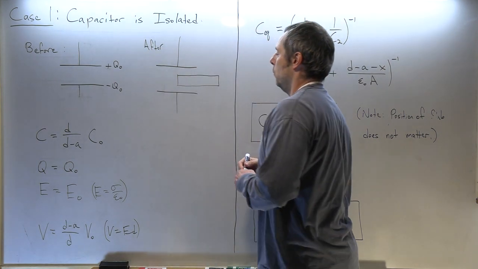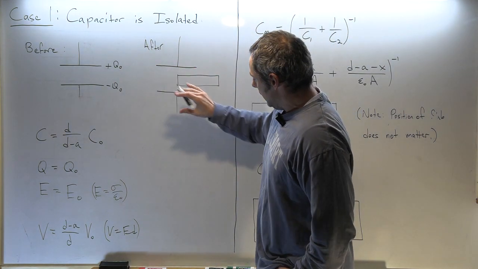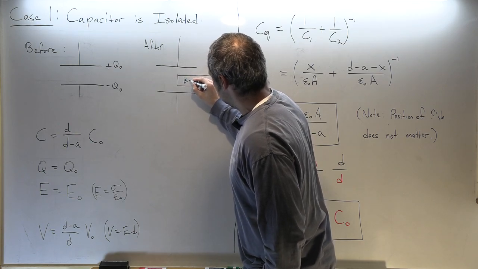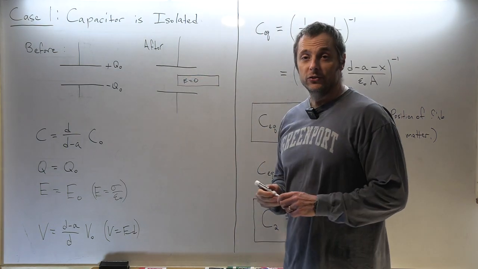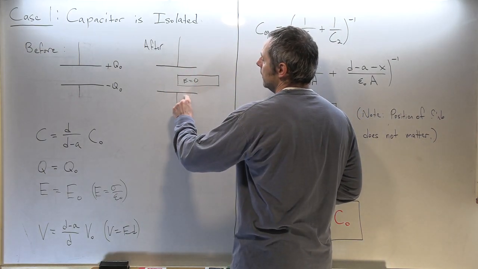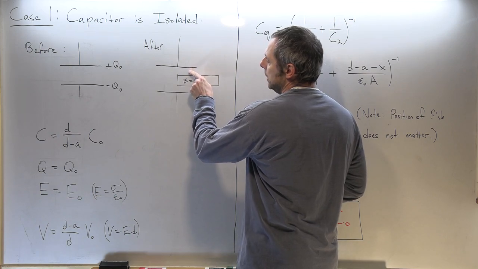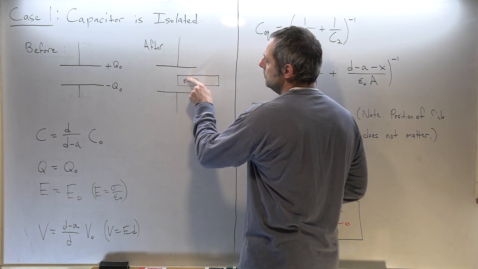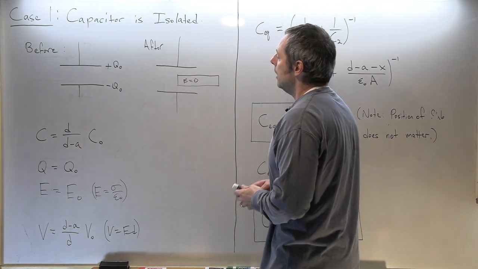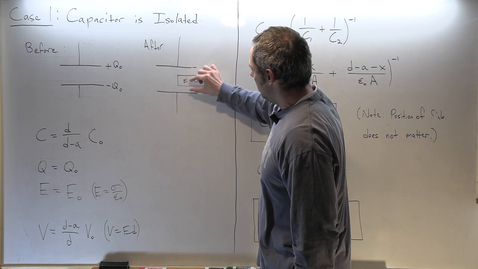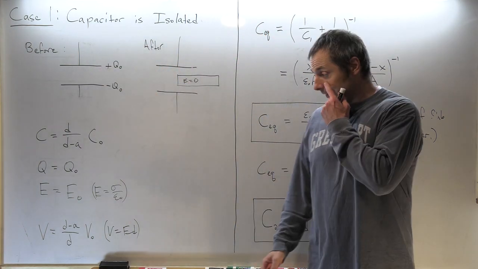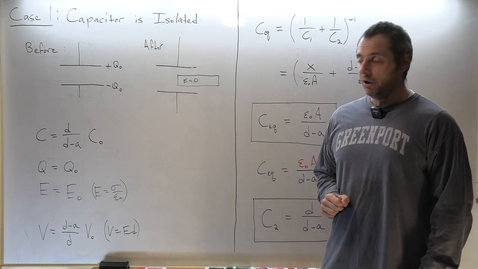When I insert this slab, remember it's a metal, a conductor, and the electric field inside a conductor is 0. So if I integrate the electric field starting from here to here, I accumulate voltage here, then I don't accumulate any as I'm integrating through the metal, and then I accumulate more voltage here. So I'm only accumulating voltage in these regions, whereas before I accumulated it the whole way. So the voltage, therefore, got smaller.